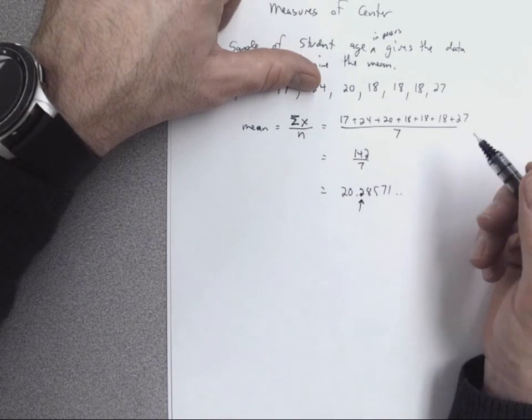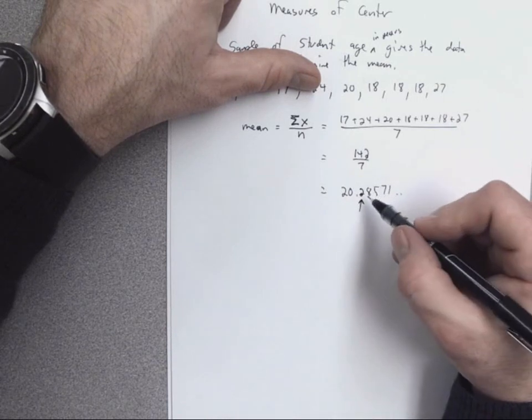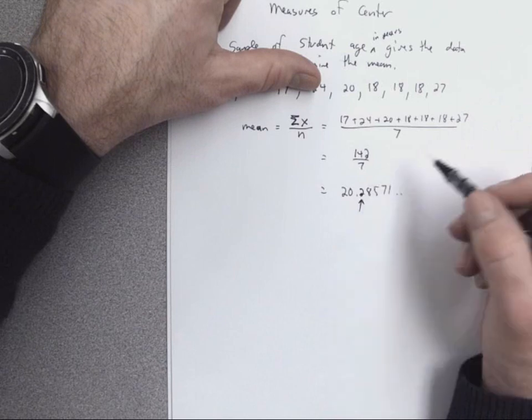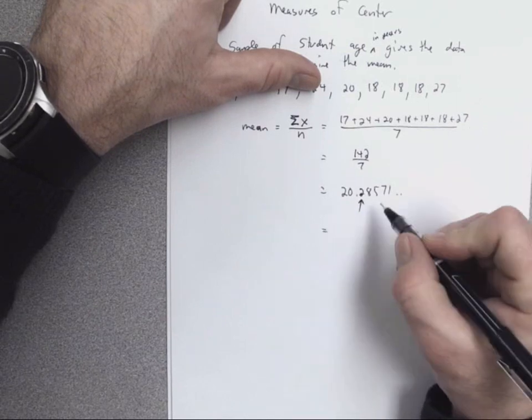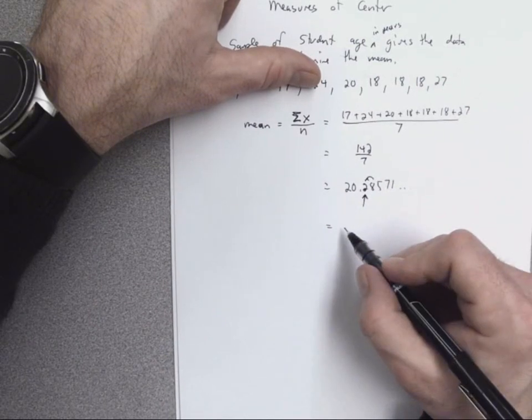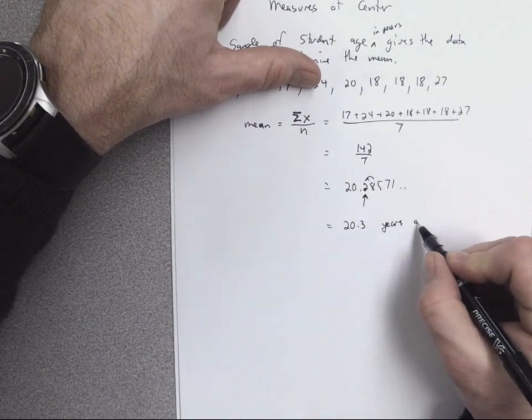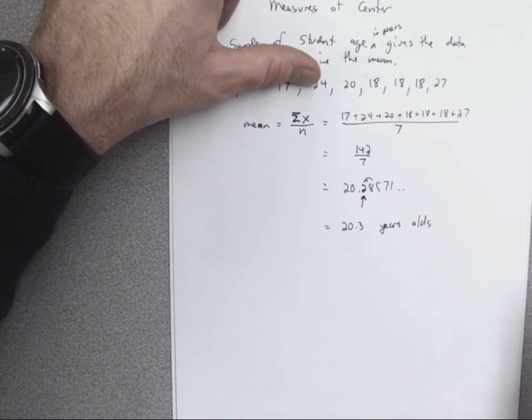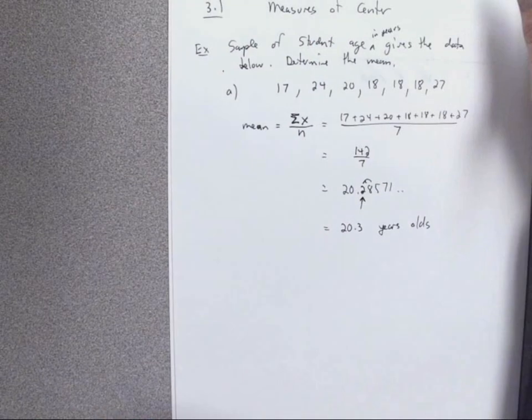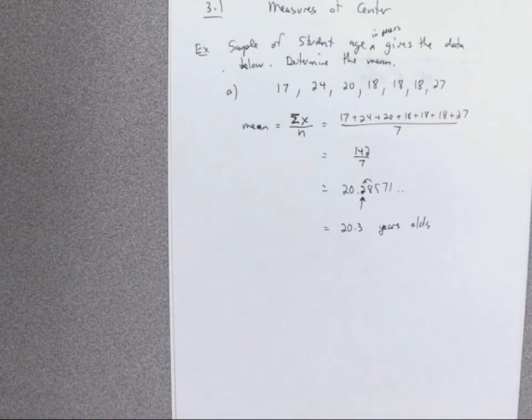This 8 is going to make that 2 turn into a 3. If this 8 was a 4 or less, the 2 would just stay a 2. So the 8 brings this number up to a 3. This is going to be 20.3, and don't forget units, years. So this is 20.3 years.